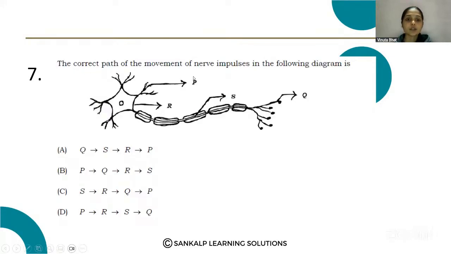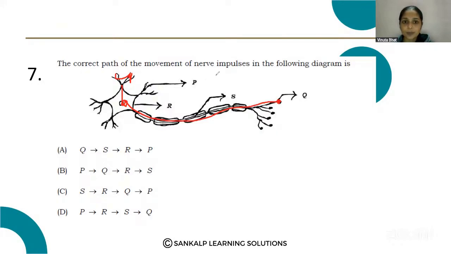The correct path of movement of nerve impulses in the following diagram is: here, this is the diagram of the neuron. Nerve impulses are received by the dendrites, the branched part, then move to the cell body, then into the axon, then reach the nerve endings.